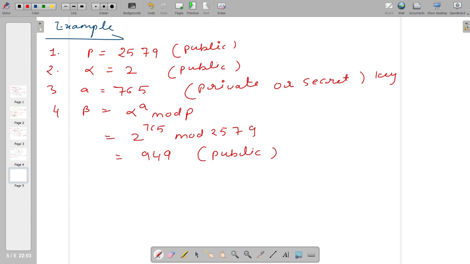So this is the setup phase. We have EB, which is the public key, which is alpha, beta and p. And we have a secret key DB, which is a, and which is equal to 765.